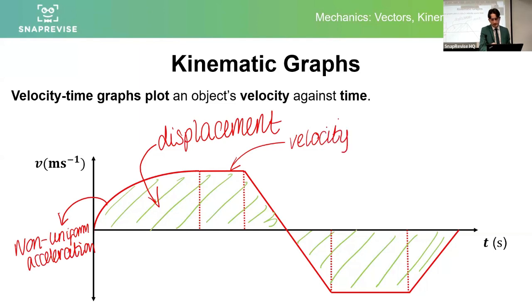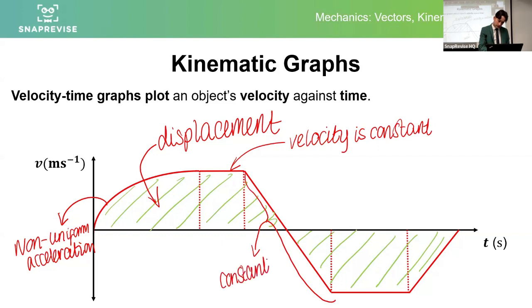So it's not accelerating, but it's moving at a fixed speed. This would represent constant deceleration. And then again, constant velocity, even though it's negative, and then a constant acceleration.